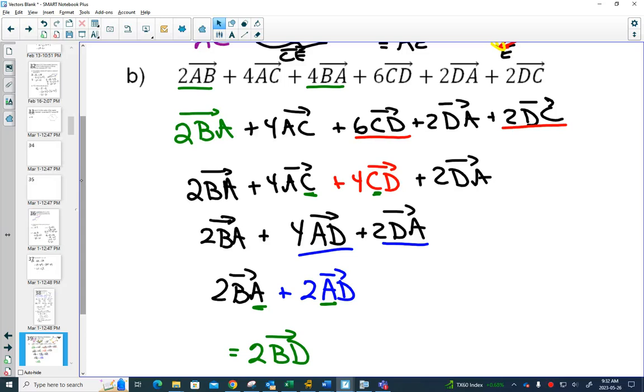We could have started with this and got 2 DBs. Perfect. And then those 2 DBs might have fit with something else. Or you could have broken this CD up into 4 CDs plus 2 CDs and combined those together. Whatever you choose, eventually it would have simplified down to the same thing, whichever way.